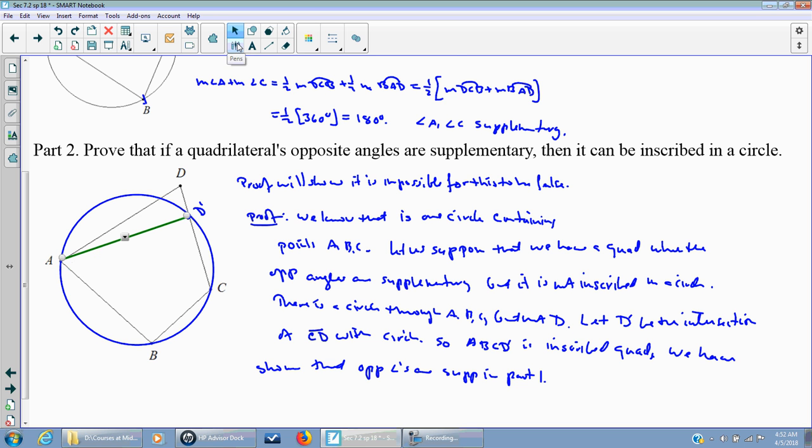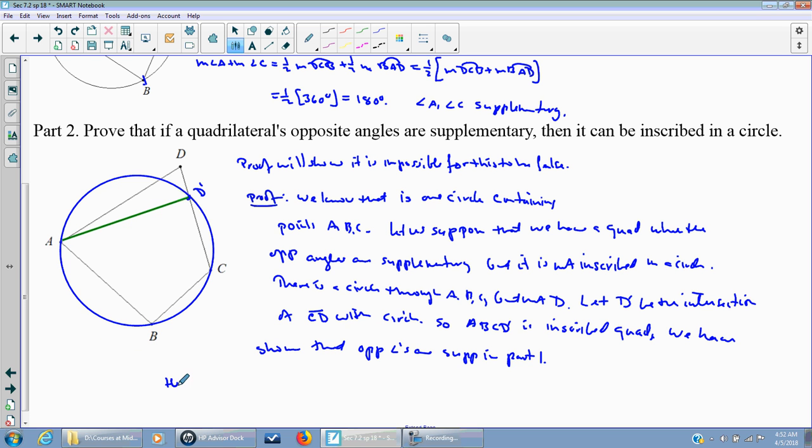So we have shown that angle C and angle BAD prime are supplementary. This angle and this angle are opposite in ABCD prime, which is inscribed, so they have to be supplementary.